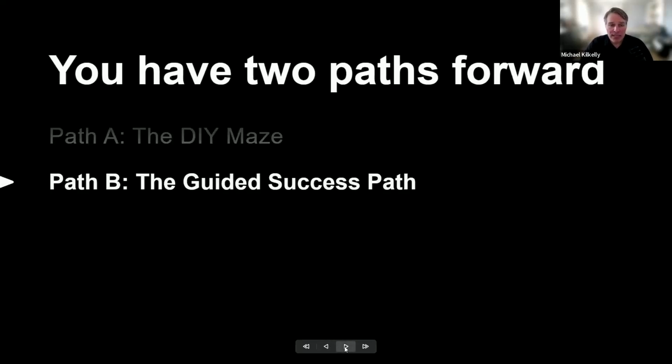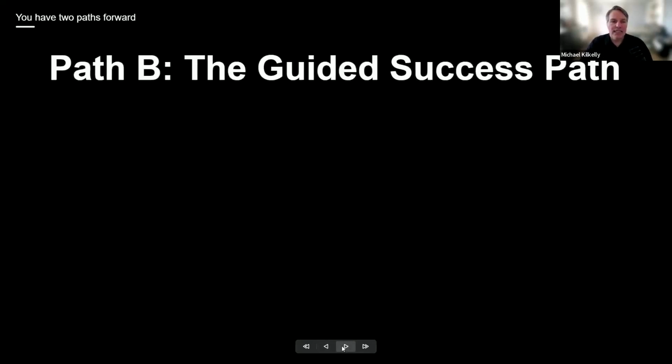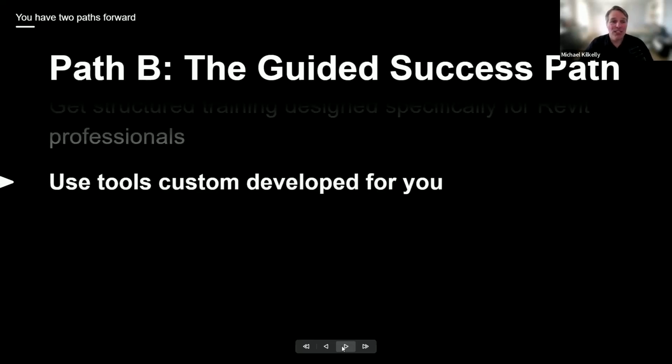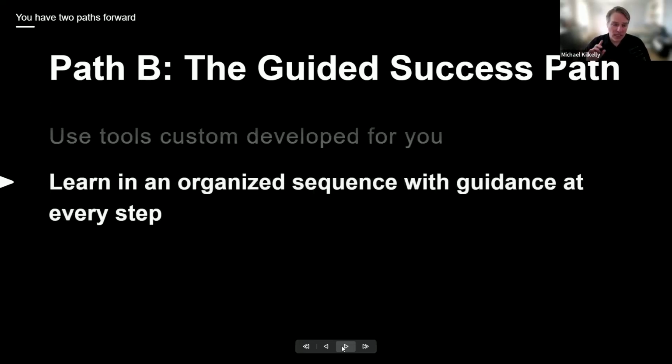Now, path B is the guided success path. Now, what this is, is structured training designed specifically for Revit professionals and using tools that were custom developed for this process for AEC professionals who are developing Revit add-ins. And that includes things like Launchpad, that includes custom Visual Studio templates. All of that stuff helps make that process a lot easier.